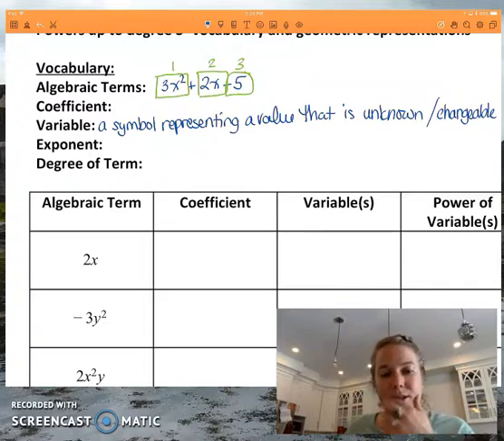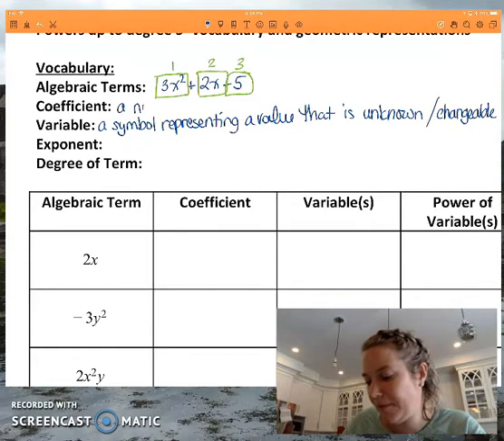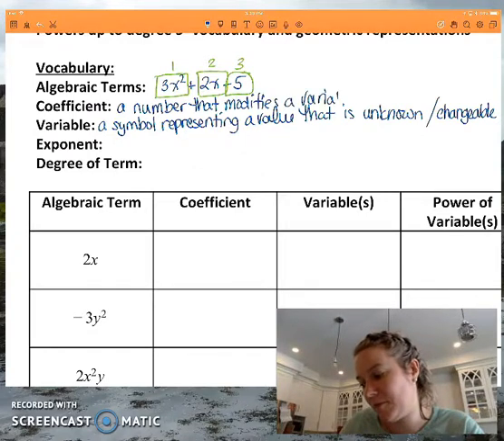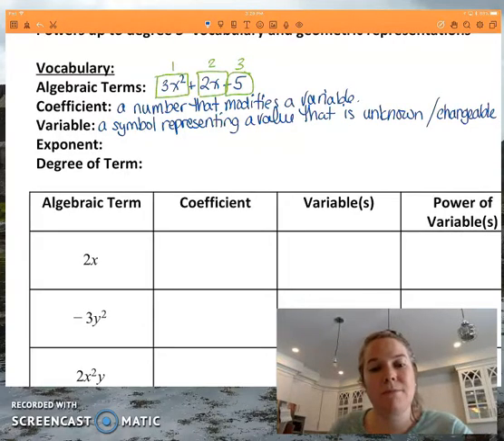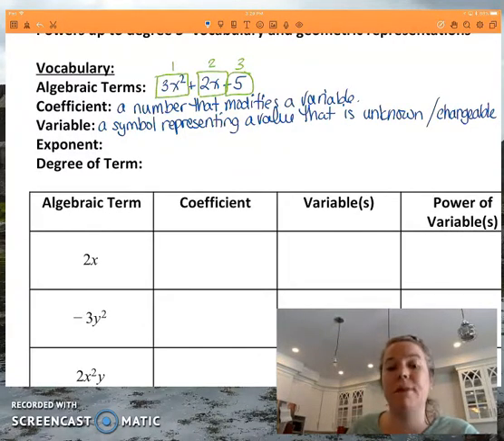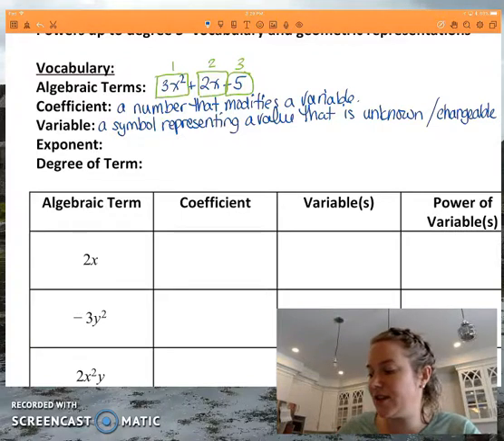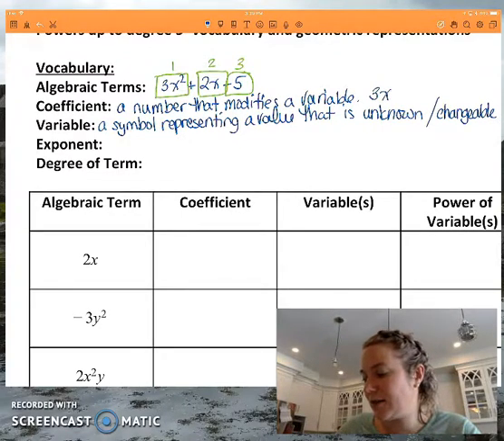A coefficient is a number that modifies a variable. Okay, by modify, I mean we're talking multiplies or divides, but a lot of times it's multiplication. So let's say we have 3x. This 3 is the coefficient.